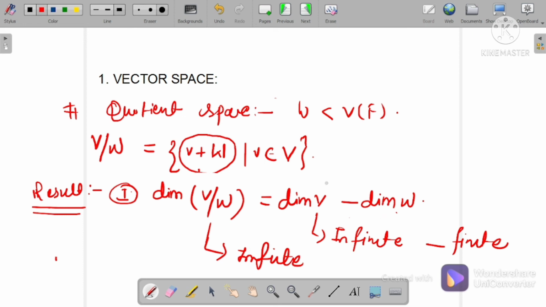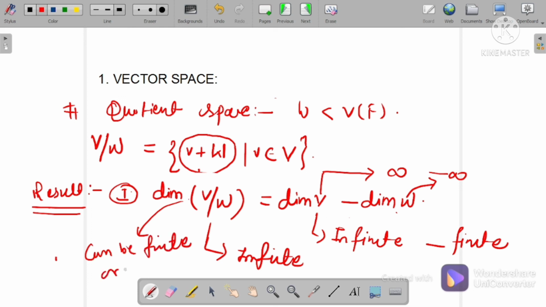Suppose the dimension of vector space V is infinite and the dimension of the subspace W is also infinite, then in that case the dimension of V modulo W can be finite or infinite. Okay, this is all about quotient space.